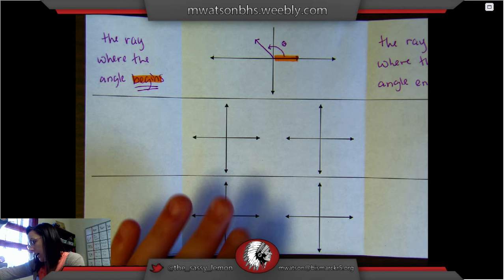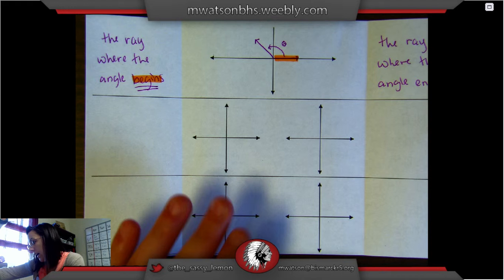Now if you look at the next two tabs, we have standard position and not standard position. So standard position has two parts to it. First of all, the vertex of the angle is at the origin (0, 0).